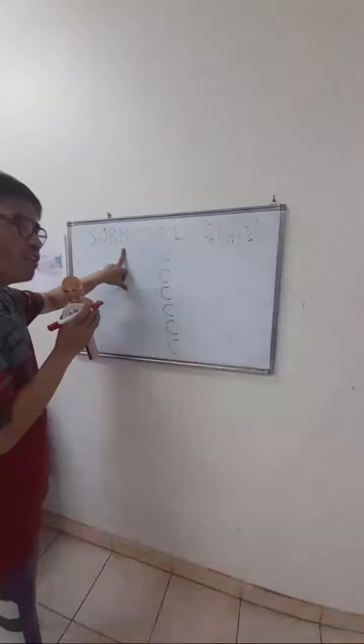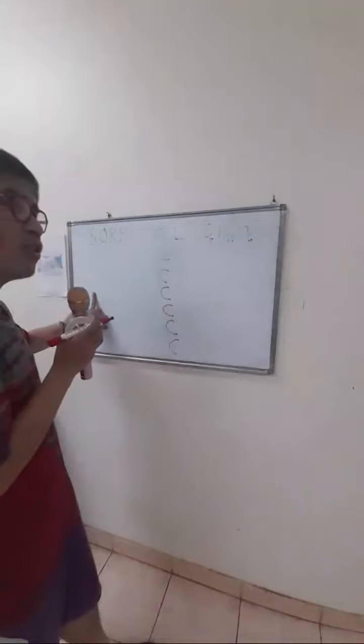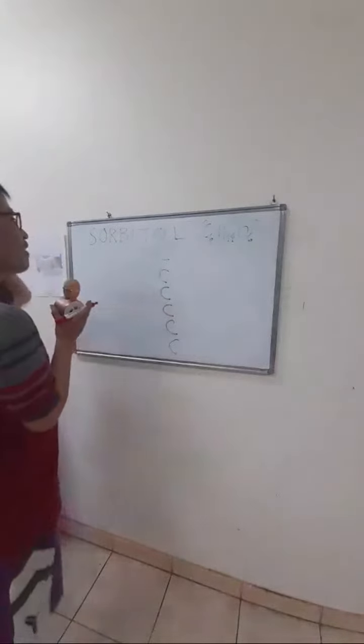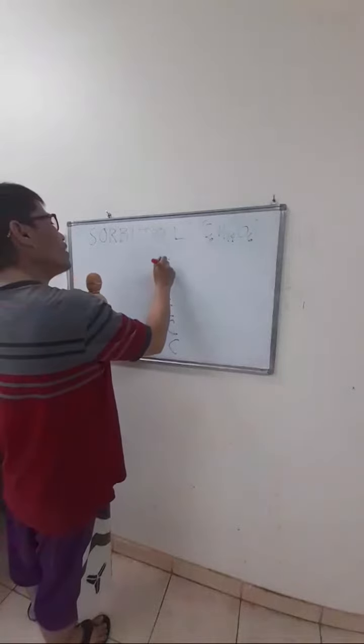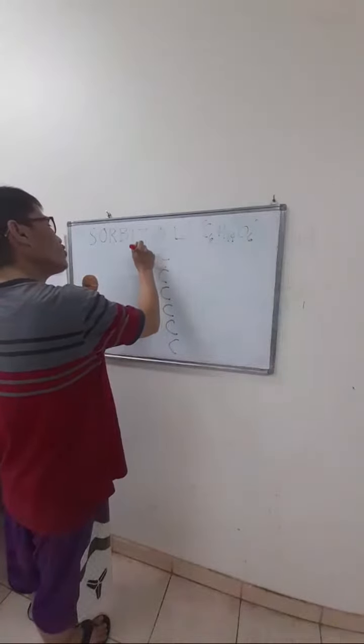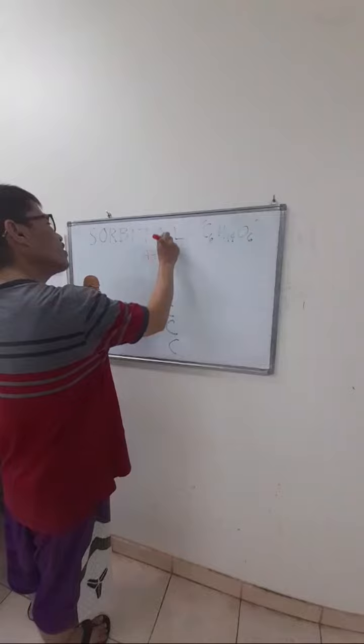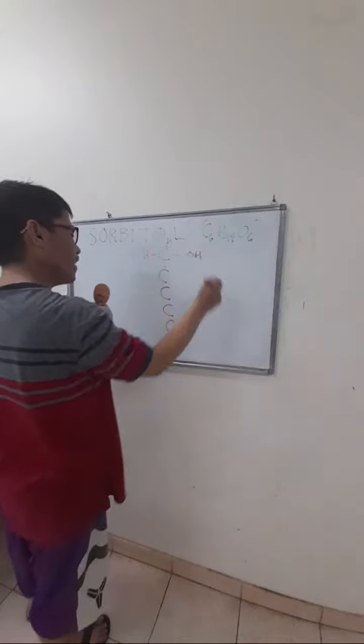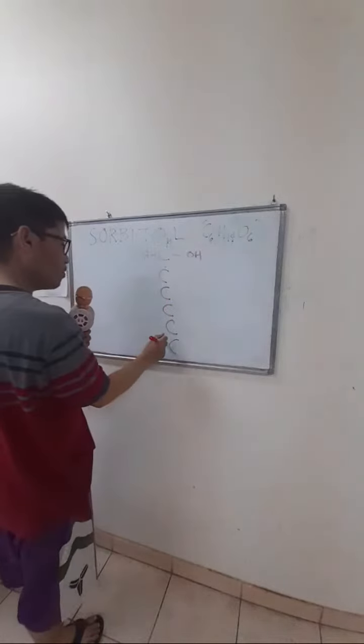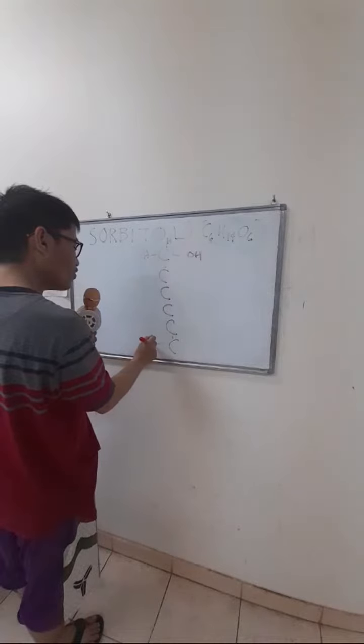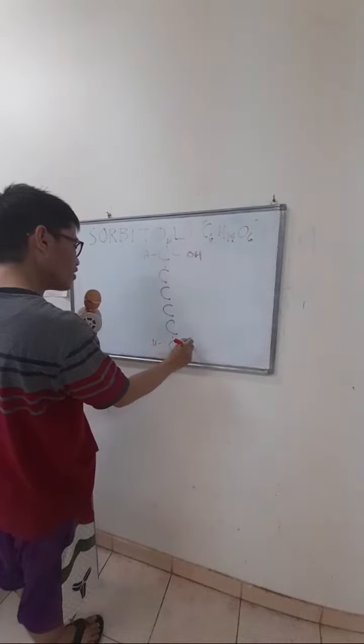How can you write an alcohol family? Of course, OH will be there. So here, OH will be here. So H, H, OH at the top, and at the bottom, carbon number 6, H, H, OH.